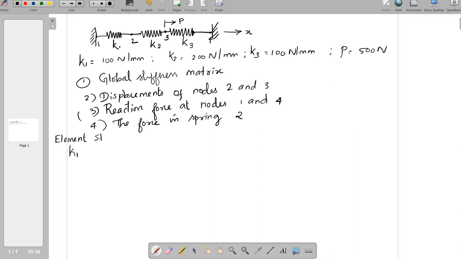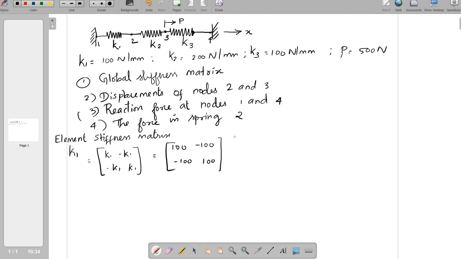K1, we have already studied the element stiffness matrix: K1, minus K1, minus K1 and K1. So here we have the values of K1, that is 100, minus 100, minus 100 and 100.